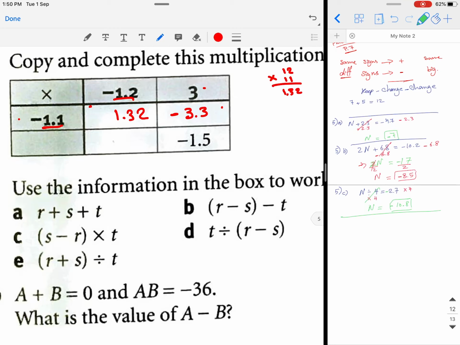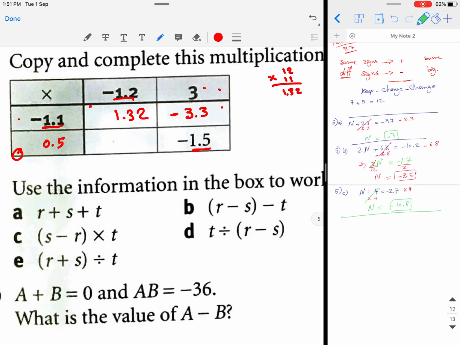Okay. To get this box, 3 multiply something here, I will get 1.5. Okay. 3 multiply what equal 1.5? Think about 1.5. 1.5 actually is half of 3. So I multiply 3 by half, by 0.5. And what about the sign? I need to get negative, so they must be different sign.